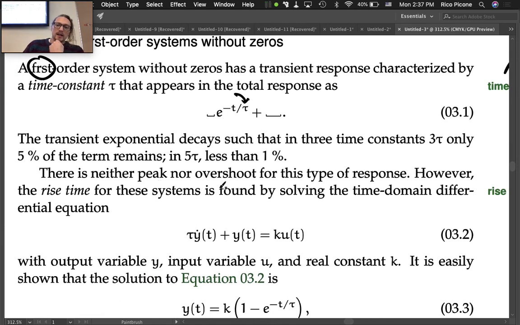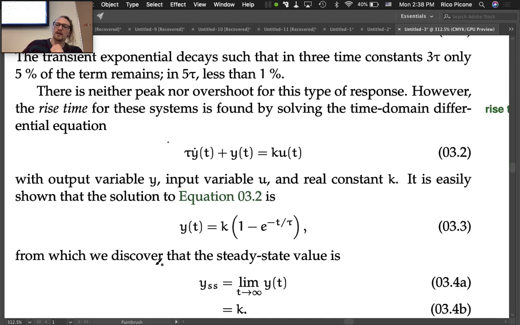However, the rise time for these systems is found by solving the time domain differential equation 3.2, where we take the input u to be the unit step function. We could use any step function, right? But we might as well use the unit step function.